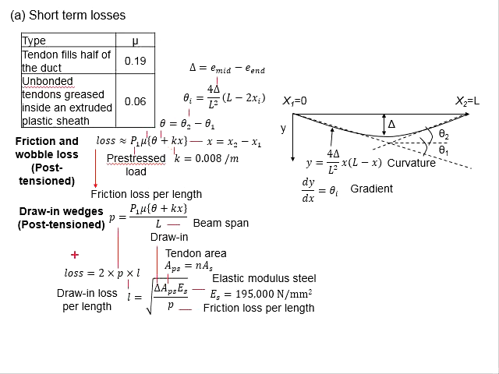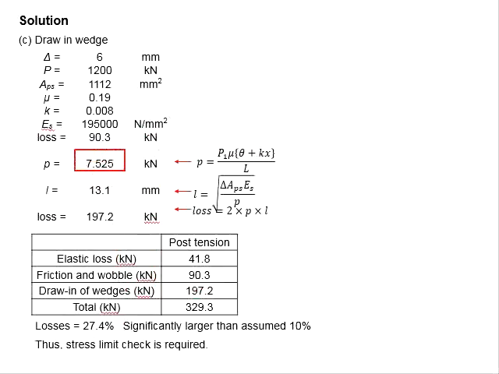Based on the slide here, these equations will be used. You will need this P, which is the frictional loss per unit length. Since we have calculated this previously, the value obtained from here will be divided by the beam span. That gives you P equal to 7.525 kN.